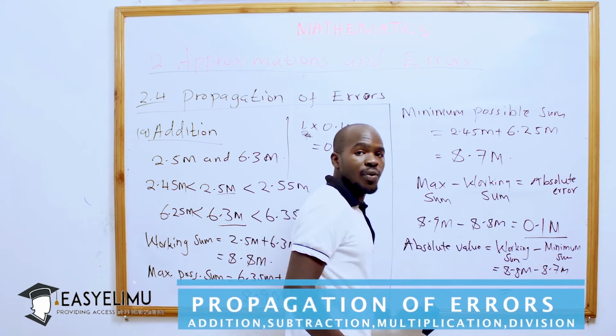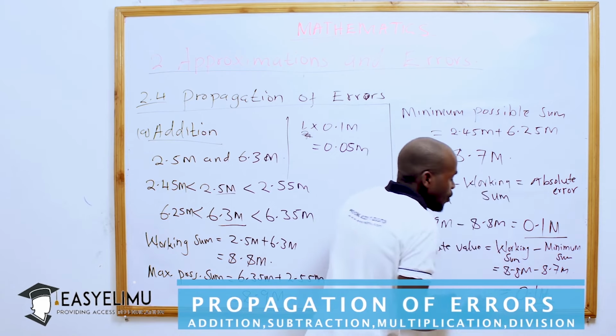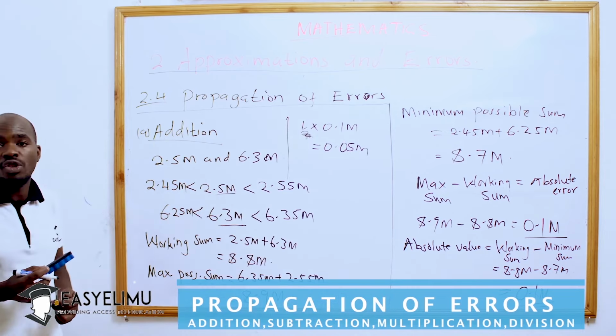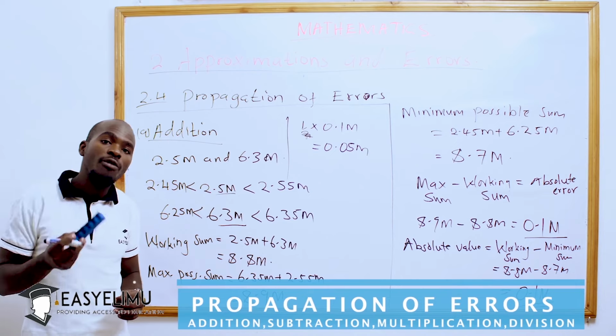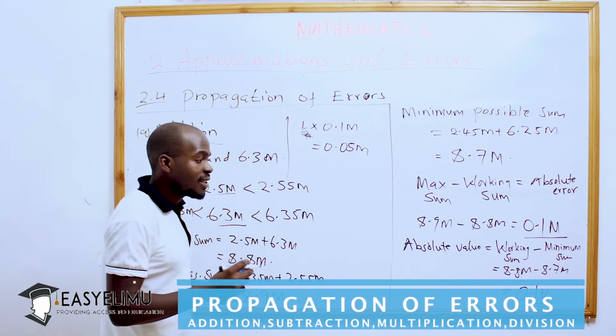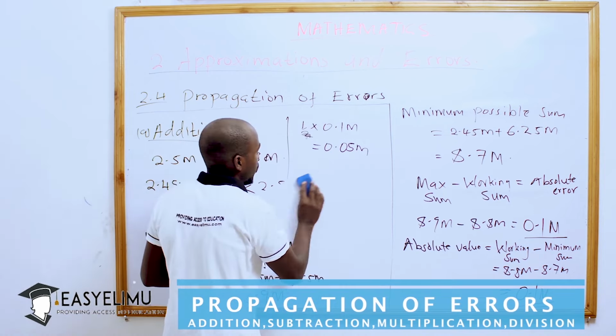You will get this one as 0.1 meters. So this 0.1 meters here is what I'm referring to as the absolute error of the sum. You can find that one in two ways. That is the first way.